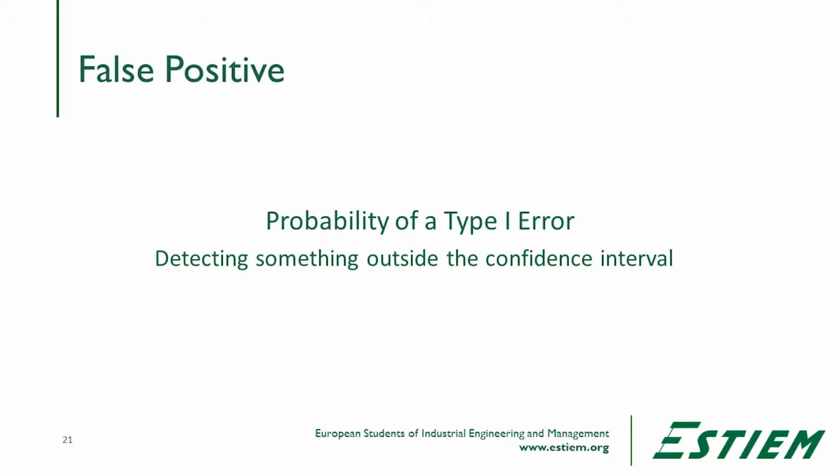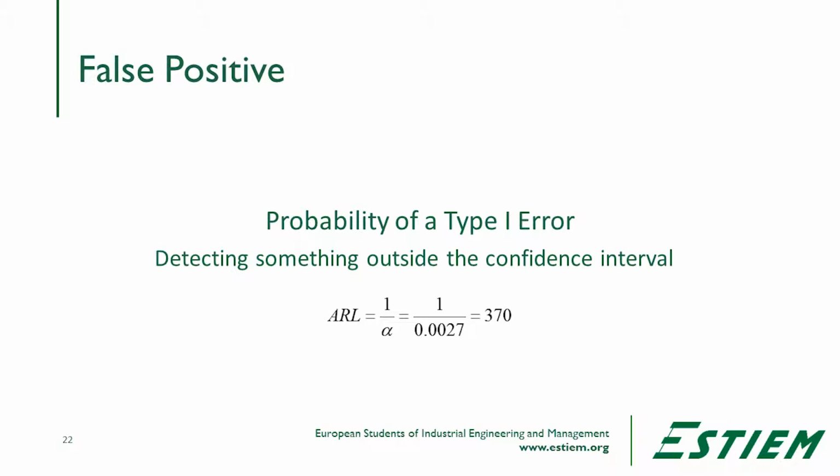Well, one way we can do that is say, what is this idea of a false positive? A false positive is when the statistical distribution gives me a test and it says I have something that is outside the normal confidence interval, but actually it's really a part of this type of process. So we call this a type 1 error, the probability of detecting something that is outside the confidence interval when the process is really in a state of control.